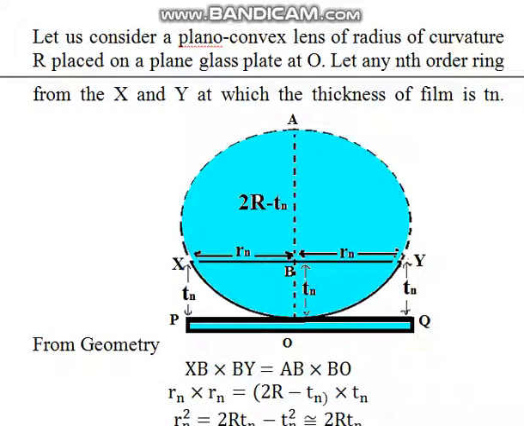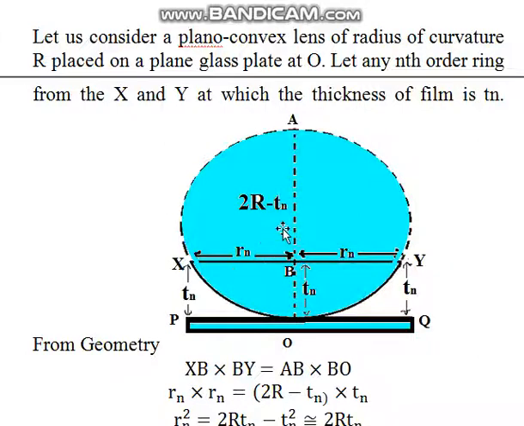Here I try to design the figure for this problem. Here XOY is the plano-convex lens, and this plano-convex lens is placed on a plain glass plate PQ with the point of contact O. Here I try to complete the circle from which the plano-convex lens is obtained.